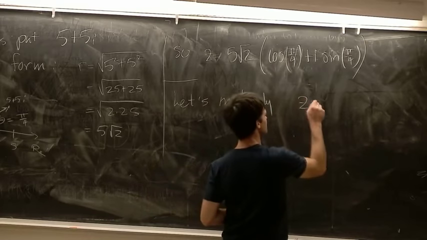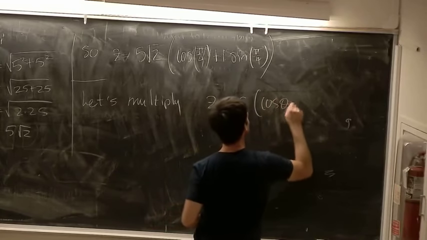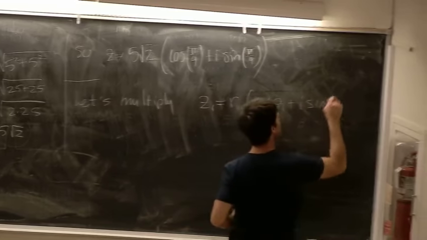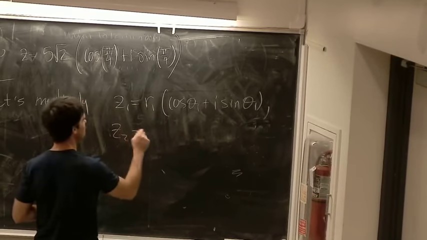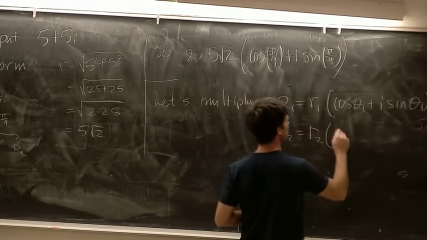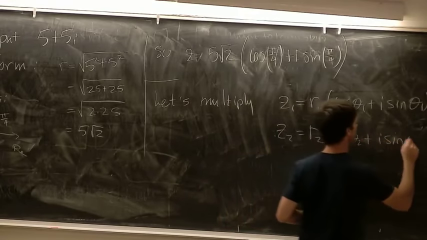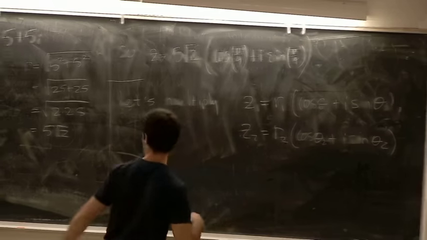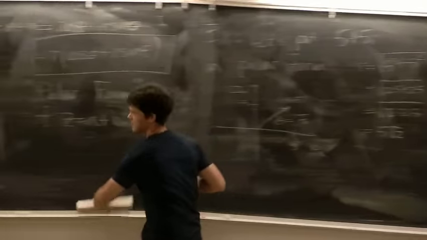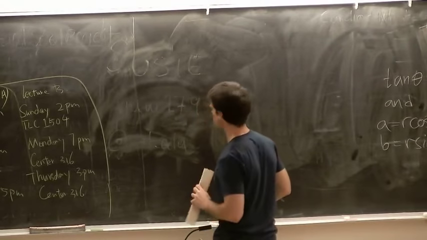So how about z1, which is r1 cos theta 1 plus i sine theta 1. And z2, which is r2 cos theta 2 plus i sine theta 2. And let's see what happens when we multiply this.